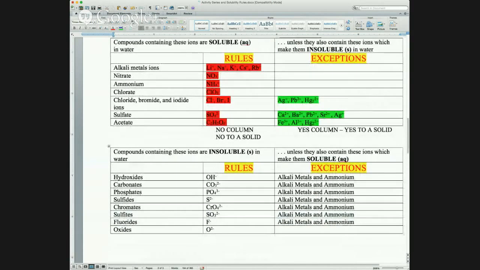That's what we really care about. Insoluble means that a solid is formed. Insoluble means that a solid is formed. That's why these two columns are green. These rules, if you have one of these ions in your compound, the rules say, yes, this is going to form a solid. Flip these over. That's what it would say.